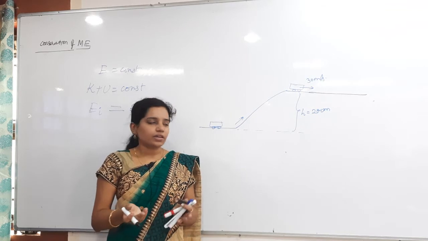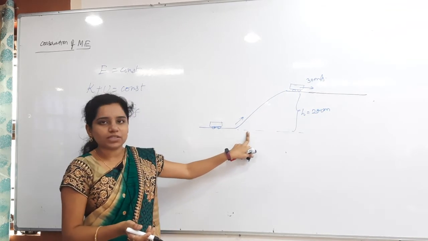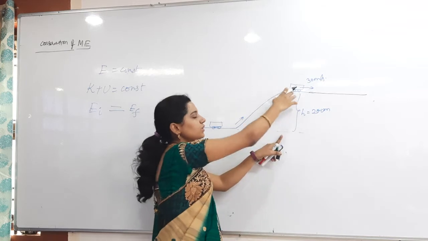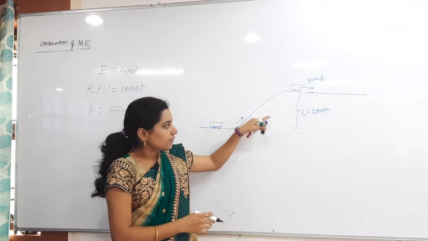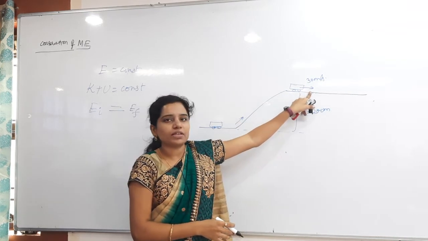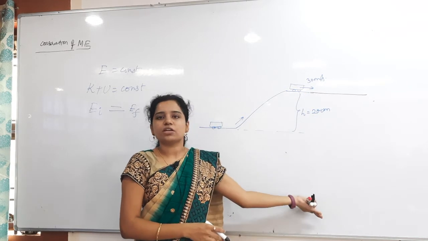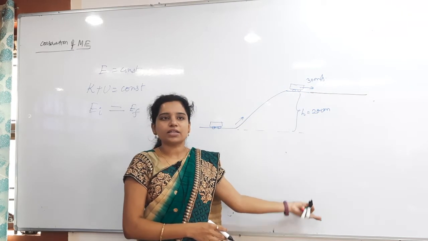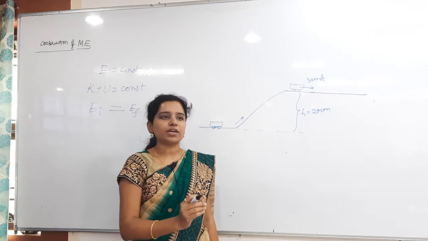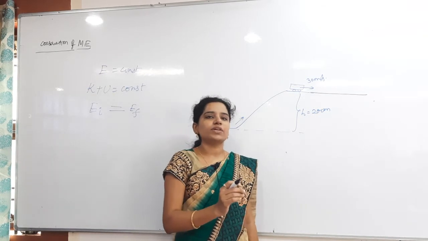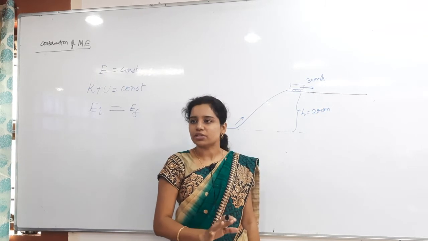If I say this point is a zero potential energy level, then I will take mgh. Whenever I take this as the zero potential energy level, then minus mgh is your potential energy. You are understanding, right? You can consider anywhere, but always the total energy remains constant. That's it.